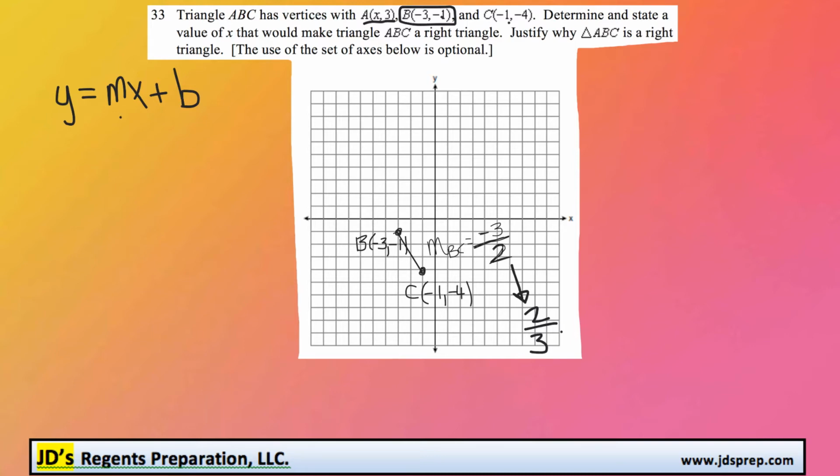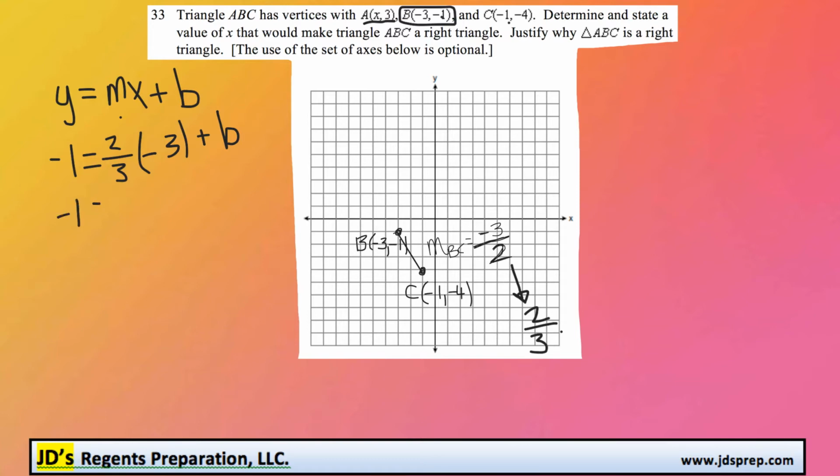So we replace y with -1, our slope with 2/3, and x with -3, and you can see that we don't know the value of b yet, the y-intercept.